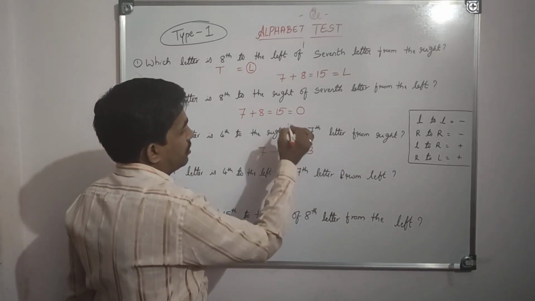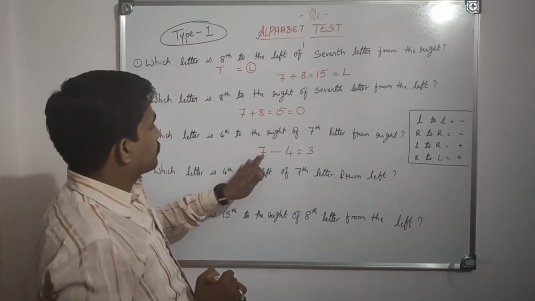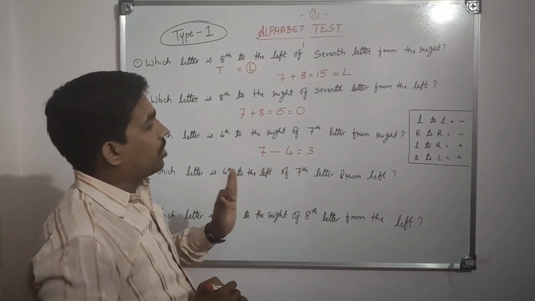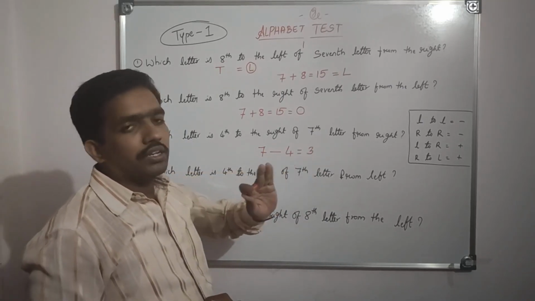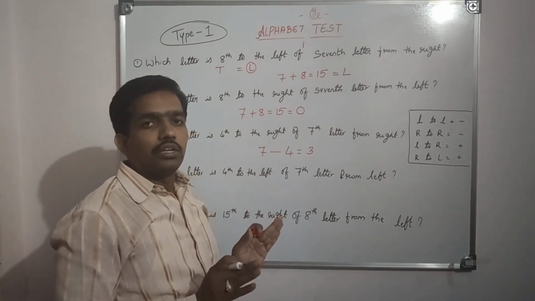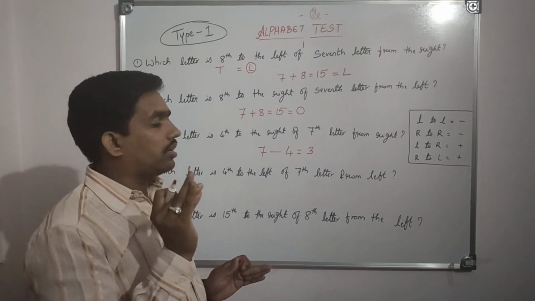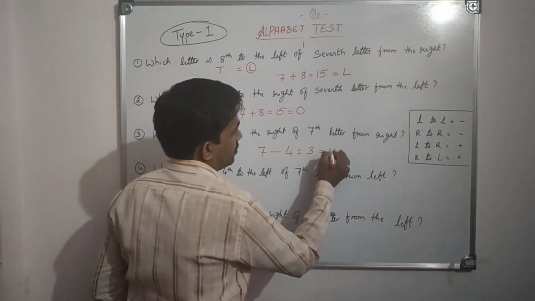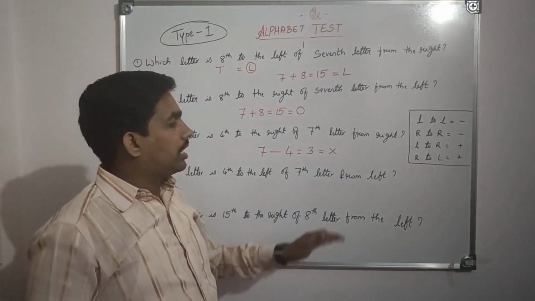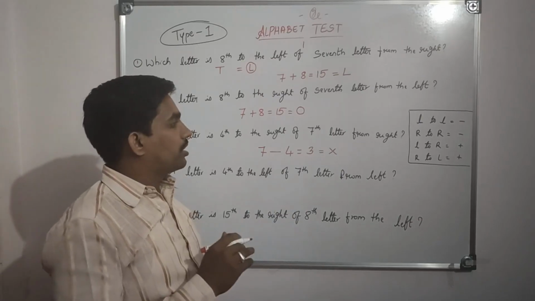What is our answer? 3. So 3 is our answer. Now we have to find the third letter from the right. Z, Y, X. X is our third letter. So our answer is X.